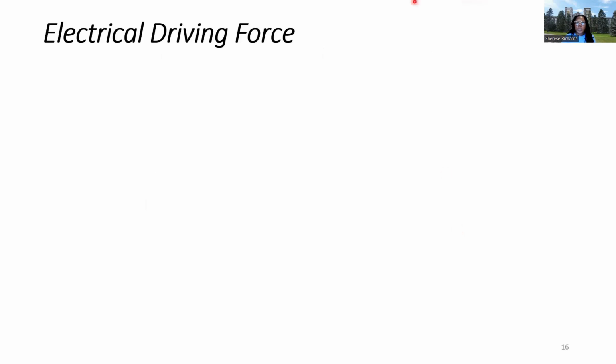Okay, so we'll do a last review here of the electrical driving force, again, to illustrate a little bit what that looks like and what that means here. So this is going to depend on one, the charge on the particle in question.